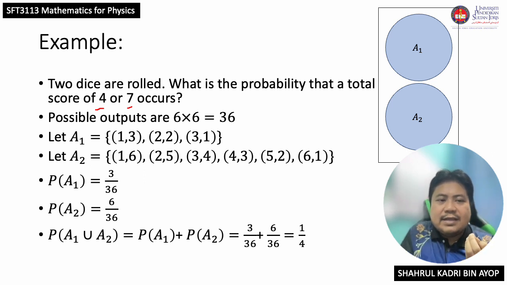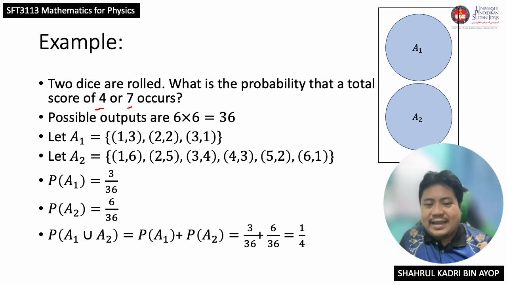So we have 3 elements over 36 possibilities, and 6 elements over 36 possibilities. We add that up, so the probability of having either 4 or 7 as a total is 1 over 4, or 25% of the trials.